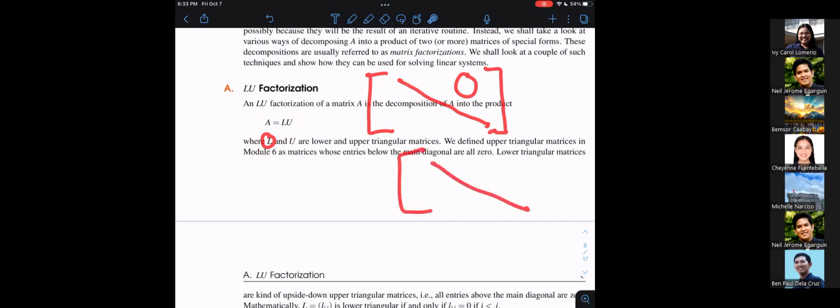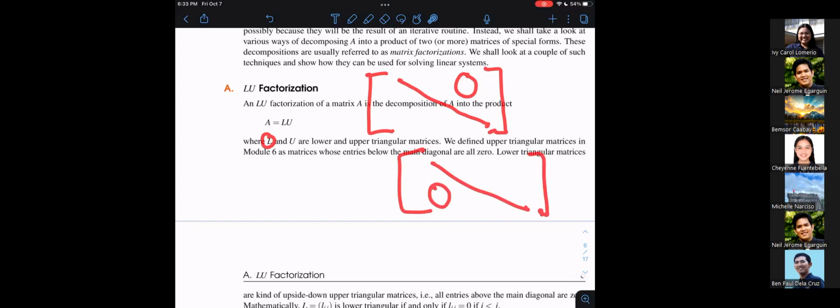So lower triangular siya, ibig sabihin, 0 sa taas ng main diagonal, nasa lower triangle lang ng matrix yung non-zero entries, and then upper triangular, siya naman ay 0 dun sa ilalim.